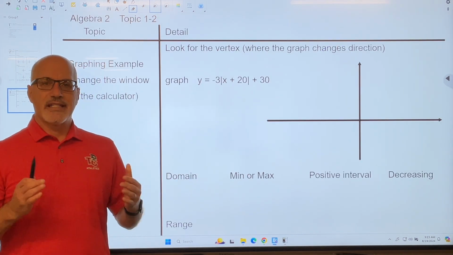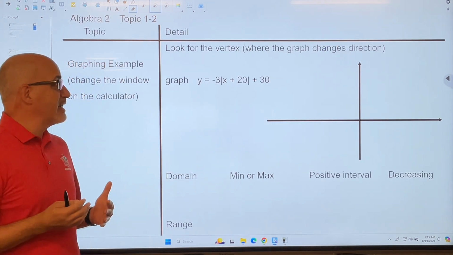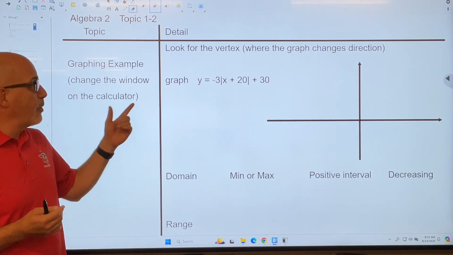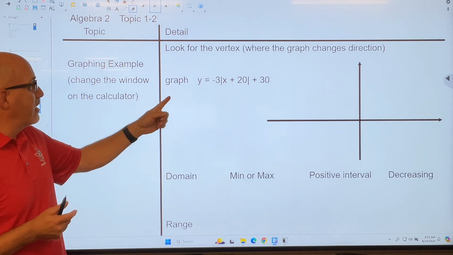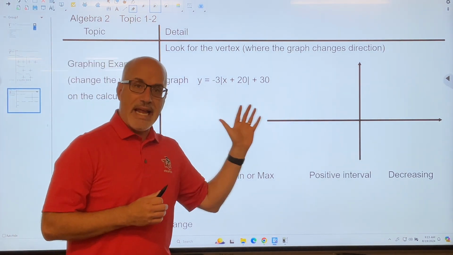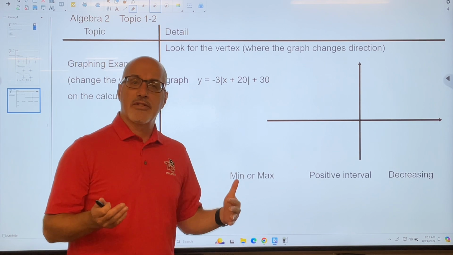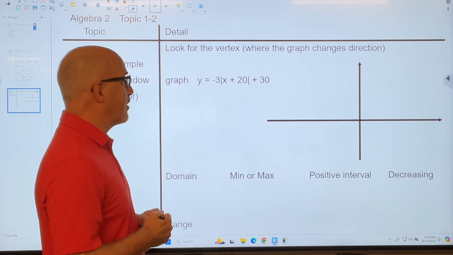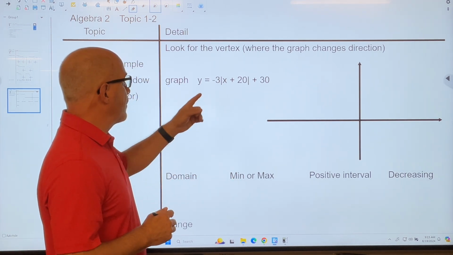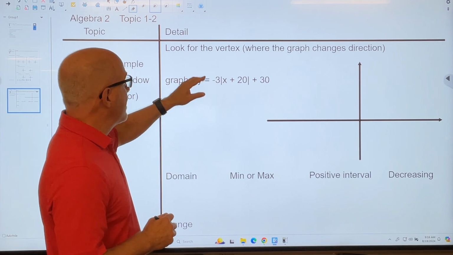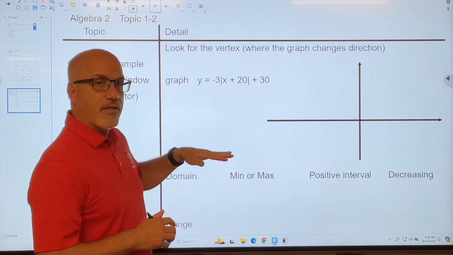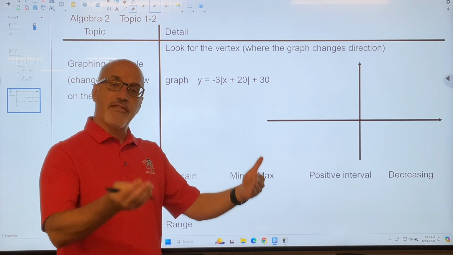Let's look at an example that puts a lot of these ideas together. So first of all, when we look at this equation, I'm going to do it by hand, and then we'll look at what happens on a graphing calculator and how to see it. So doing this by hand, the -3 in front, the negative, remember, makes it flip over.